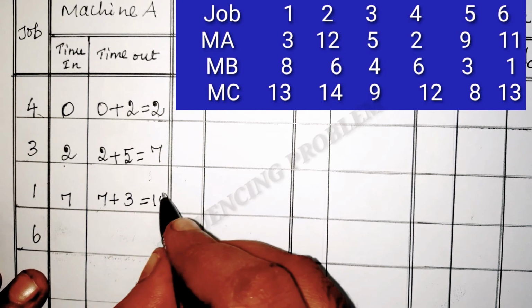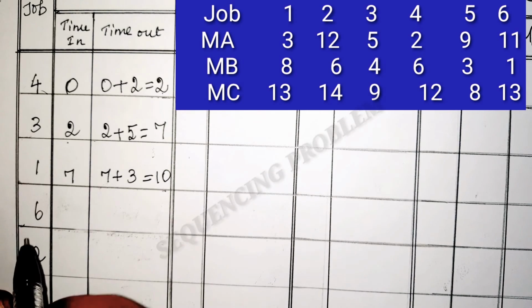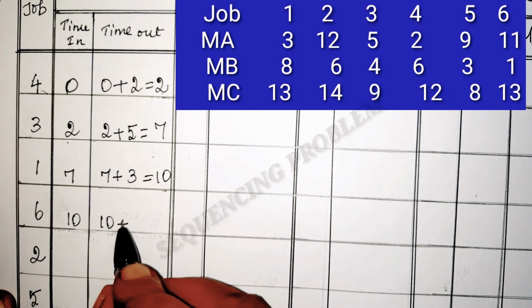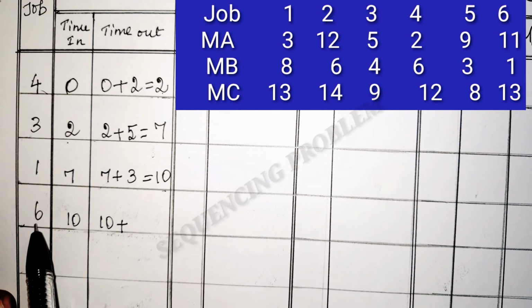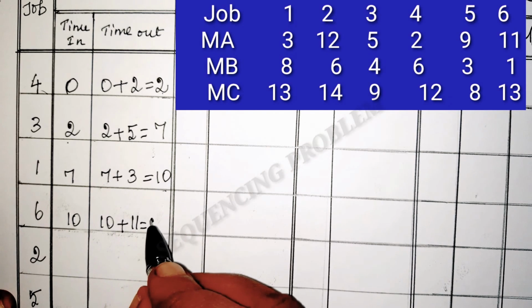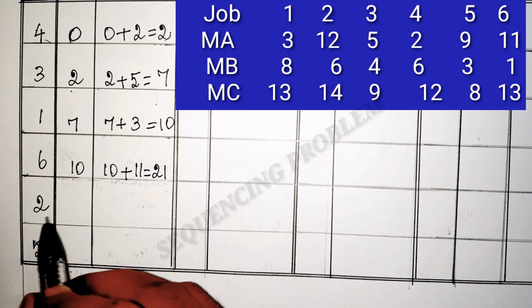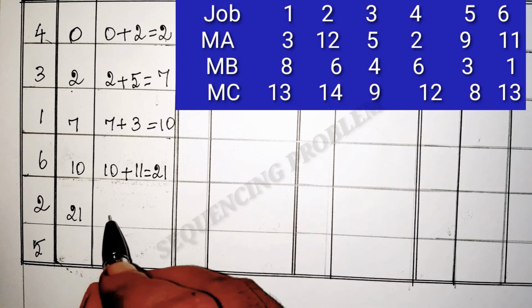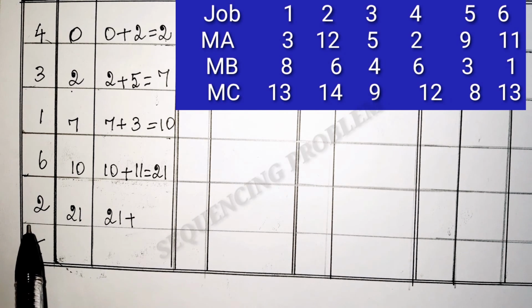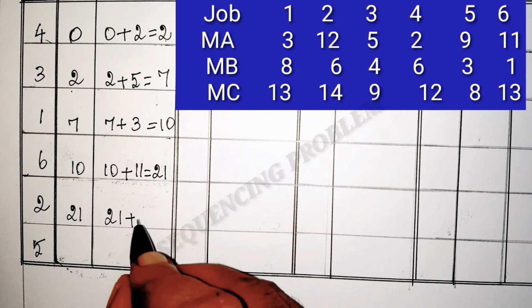So 10. For the 6th job, time in is 10, time out is 10 plus processing time for job 6 on machine A, which is 11. So the value is 21. And for job 2, time in is 21, time out is 21 plus processing time for job 2 on machine A, that is 12.